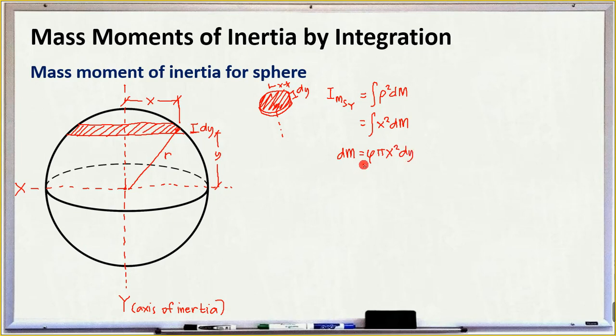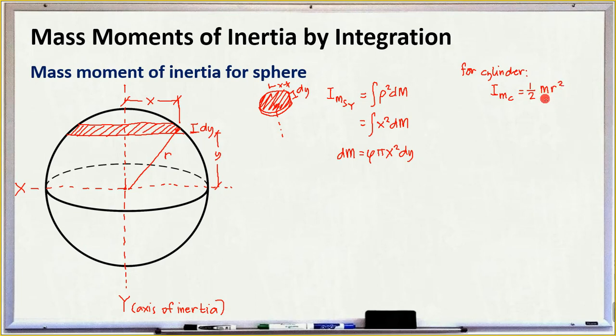Now, since our volume is a cylinder and we are adding them up, the final mass moment of inertia should have 1/2, because we all know that the general formula for the mass moment of inertia of a cylinder is 1/2 of its mass times the square of its radius.